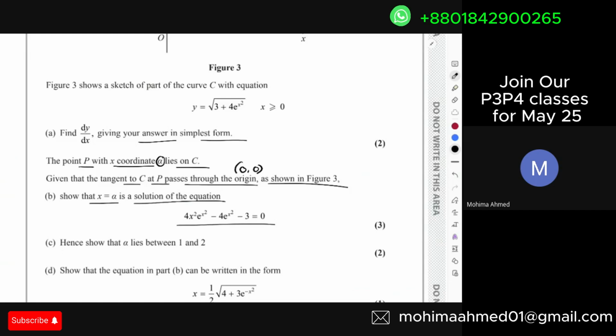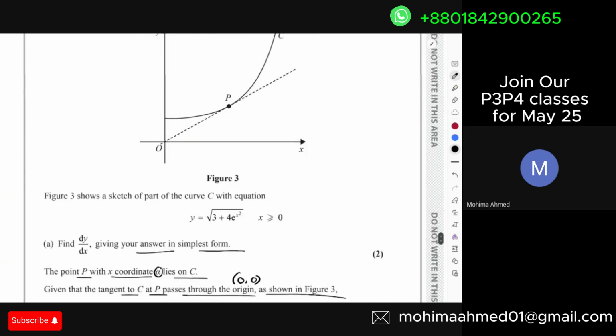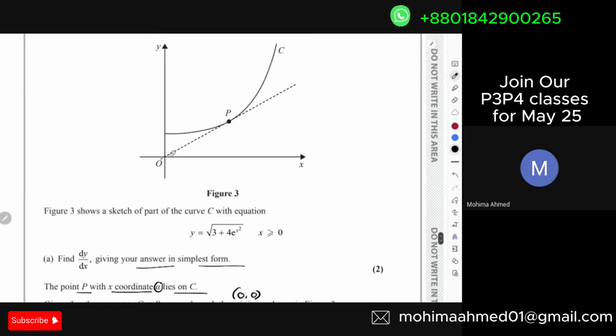If x equals alpha, then y equals... show that x equals alpha is a solution of this equation. Tangent to C at point P passes through the origin. On a further level, you extend this, it will pass through the origin. This tangent passes through the origin.